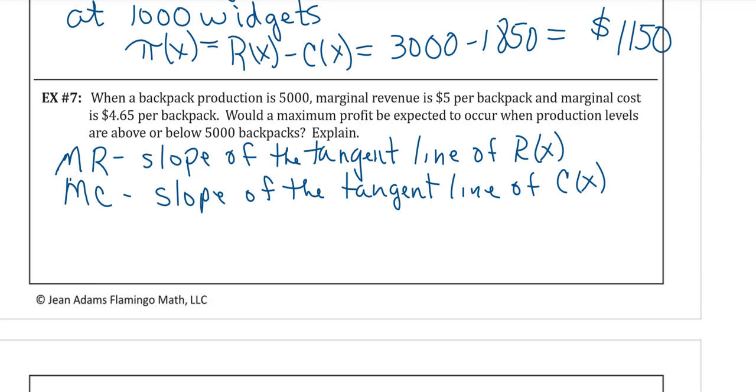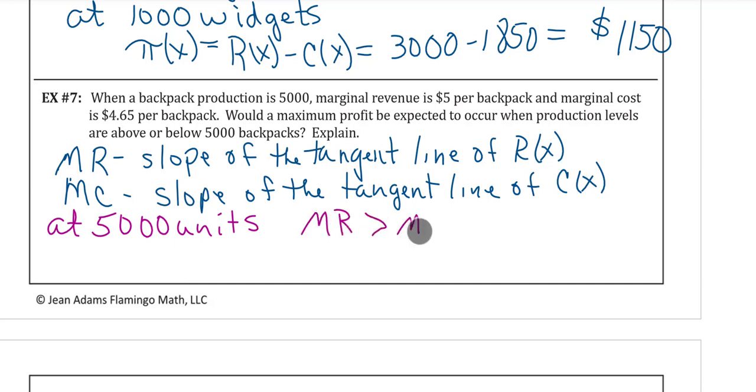So then we want to see that if we're looking at 5,000 units, our marginal revenue is greater than our marginal cost.